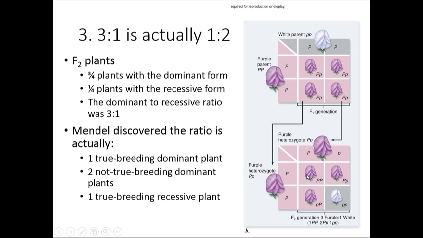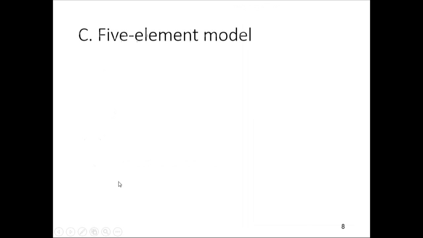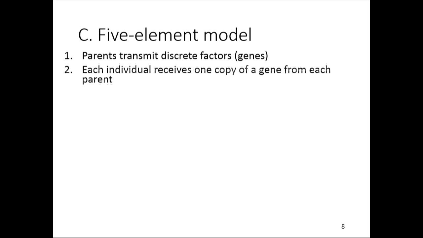One of them was true breeding dominant, and the other one was true breeding recessive. So phenotypically, or in the expression of the color, yes, it was 3-to-1, but the genes within them were in a 1-to-2-to-1 ratio.